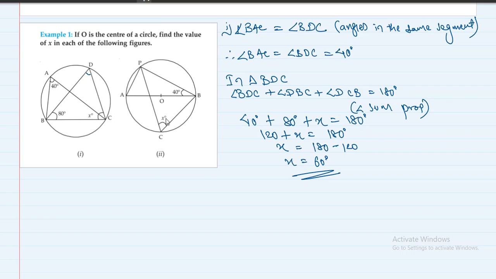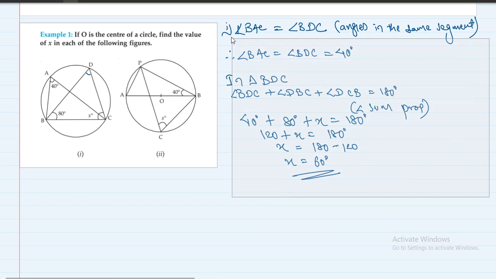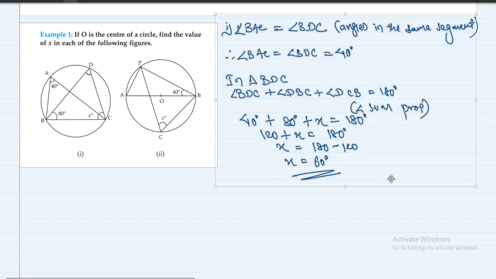Okay, so this is also very easy. See, here in the first figure I have written the whole thing. This is just like the questions from lines and angles. मतलब इसमें कुछ प्रूव नहीं करना है तुमको.